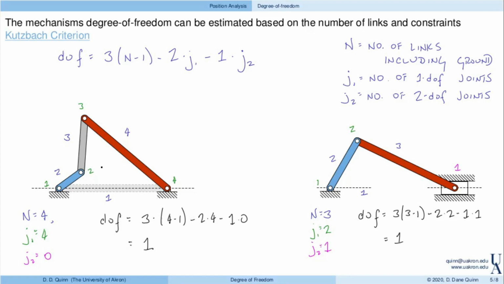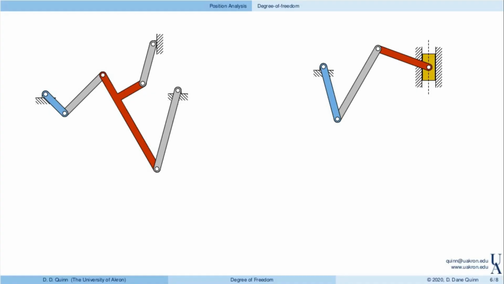So both of these are 1 degree of freedom systems: 4-bar linkage and slider crank. These are 2 very common mechanisms, and we will study them a lot, which is why I started off with this. Now we can also use this for more complicated examples.